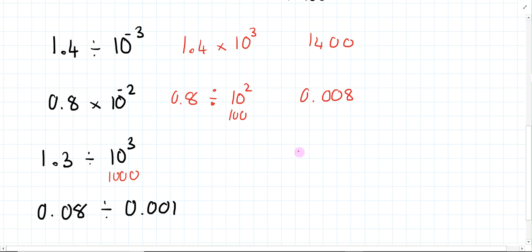So that would be 0.0013. And dividing by 0.001 is the same thing as timesing by 1,000. Okay, it gives me 80.